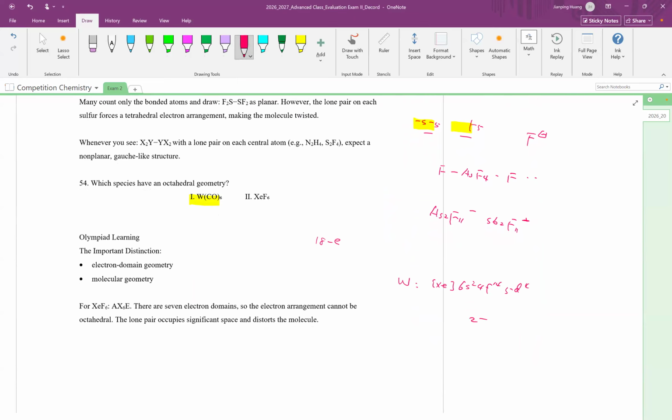So that it's 2 plus 4, 6 valence here, plus here 2 times 6, 18 electrons. So that is a tetrahedron. Now this one is square planar. That's basically AX4E2. Right? Now let's move on.